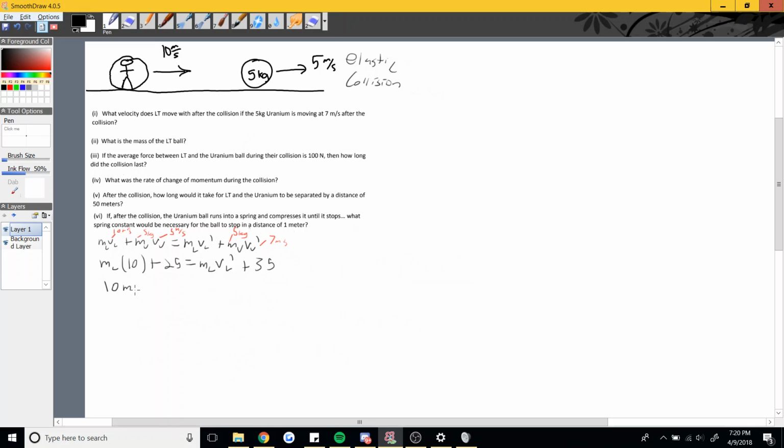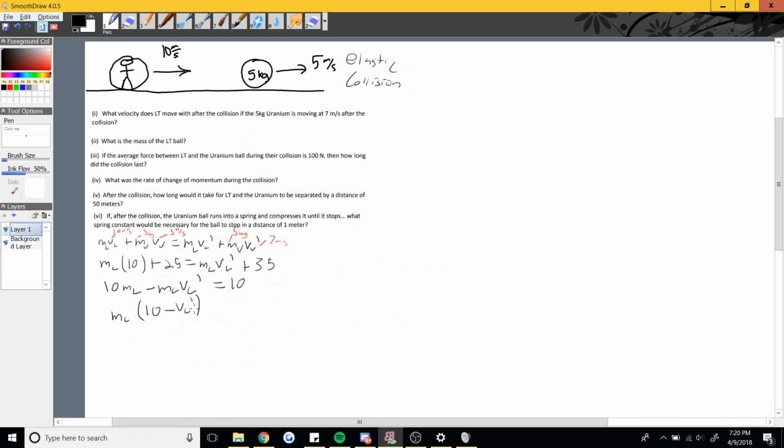So we're going to go 10 ml, we're going to move this to this side over here so that like terms, minus ml vl prime equals 10. And so, let's go ahead and factor out one of those mLs. We're going to get ml times 10 minus vl prime.